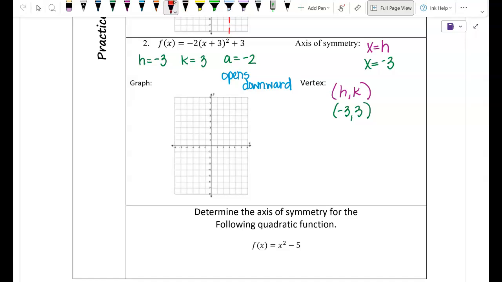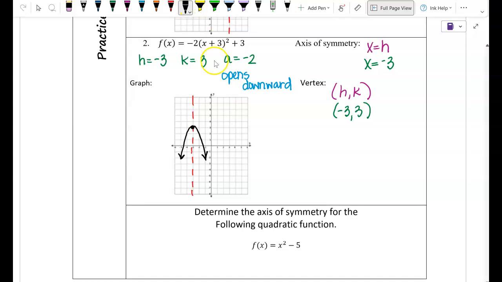My axis of symmetry is x equals negative 3. My vertex is at negative 3, 3, and I know this opens downward. I will tell you that a value is also going to tell us how wide or narrow this is going to be, but we'll get into that a little later.